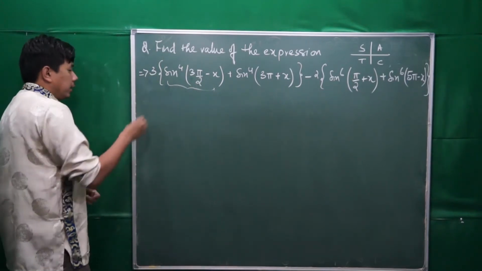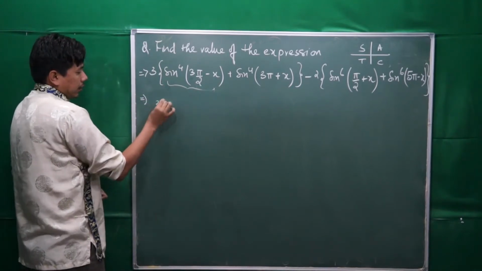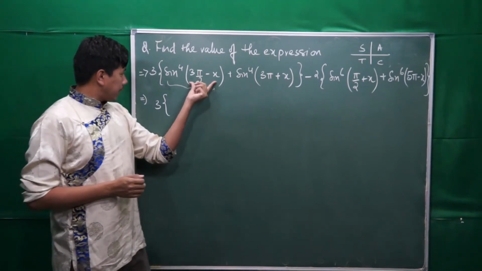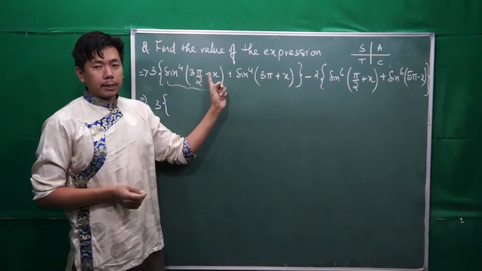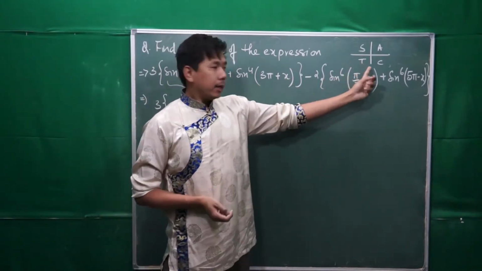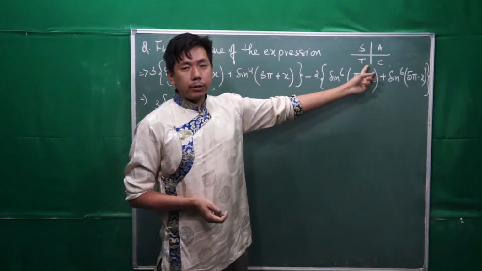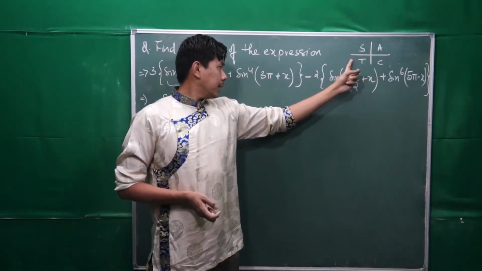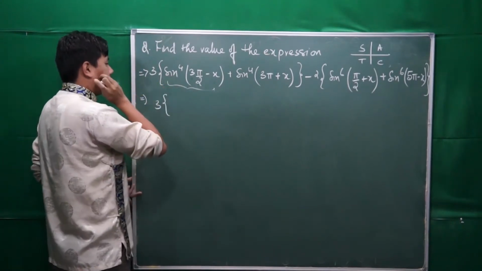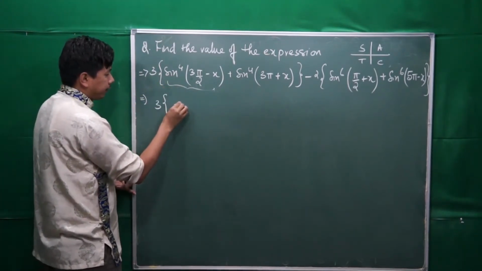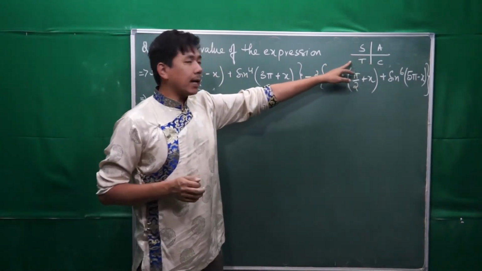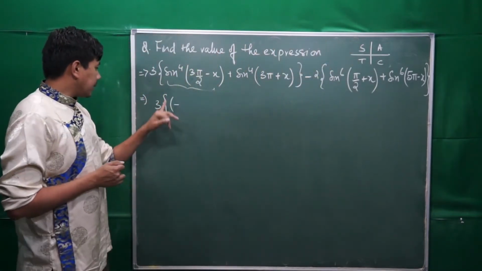Alright. So I'll write 3 as it is, and looking at this angle 3 pi by 2 minus x, this will fall in the third quadrant. This line is for 3 pi by 2, that means minus x is in this quadrant. Therefore this sine value will be negative, because in the third quadrant tan and cot are positive, whereas sine is negative.